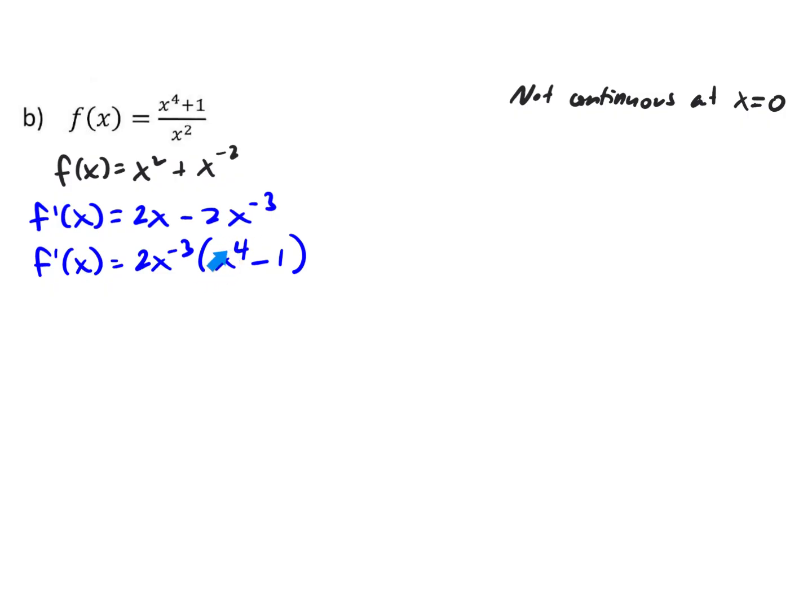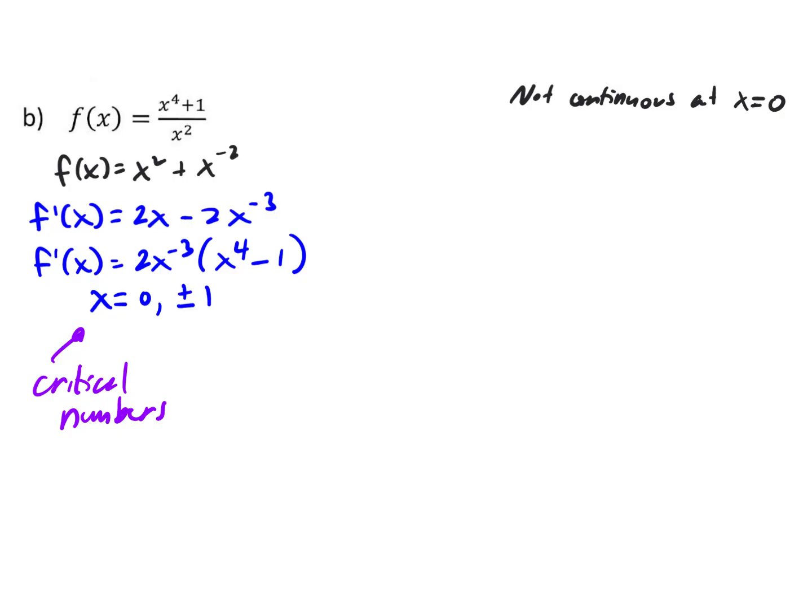What is x going to equal in order for this whole thing to be 0? 1 and negative 1. Okay? I also have to pay attention because when the denominator is 0, a critical number can be where it's undefined as well. So the x values we need to look at, because these are the critical numbers, include undefined numbers.